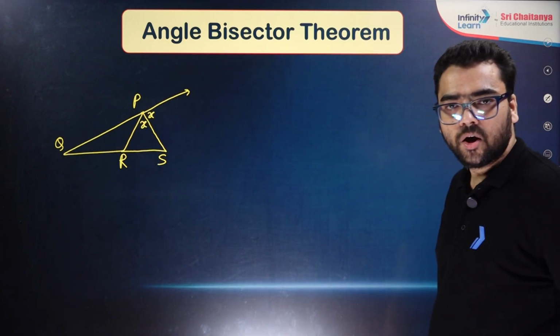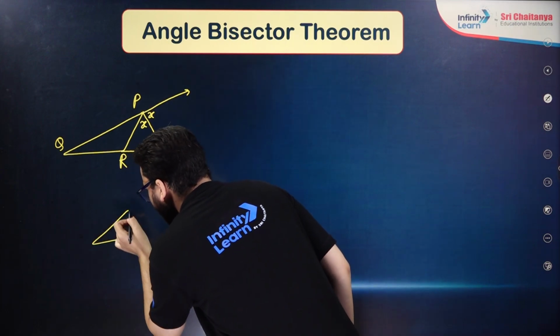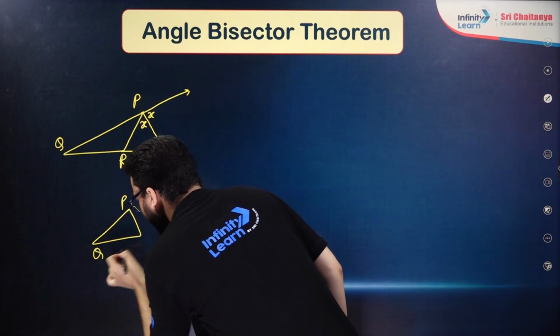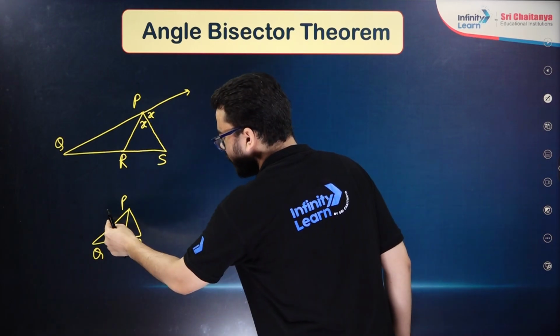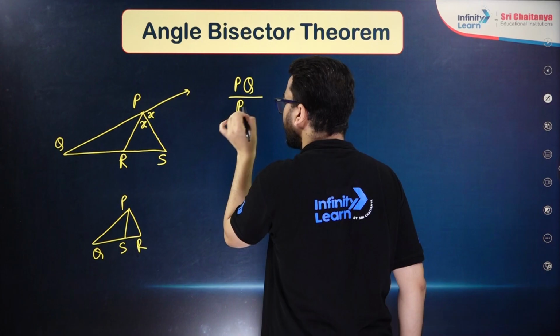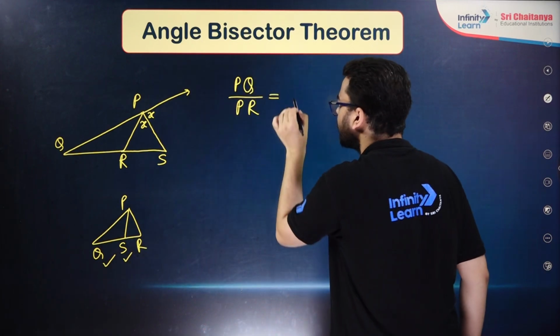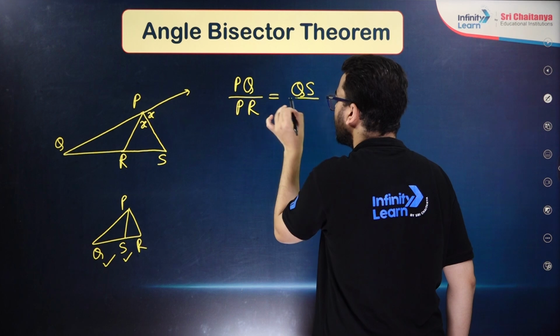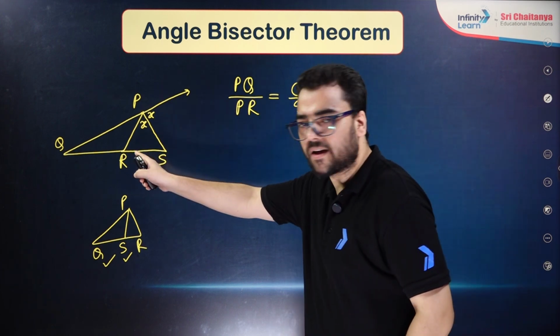Correct? What we have to prove? You make the same triangle in rough, and you take the bisector inside the triangle. You have to prove PQ by PR is equal to QS by SR. This you have to prove in this figure.